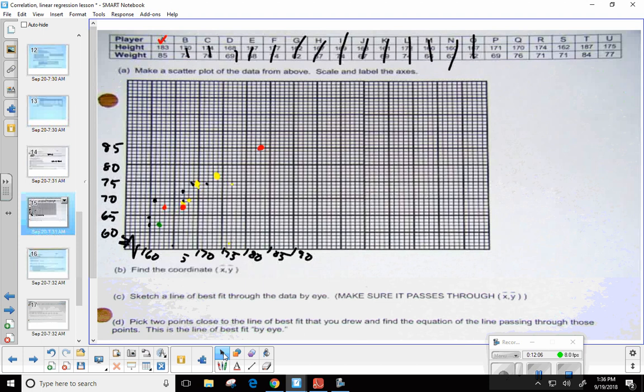Okay, Gabby's got 171, 69. This is the most colorful scatter plot I think I've ever seen. Okay. What am I doing? You are on 171, 69.